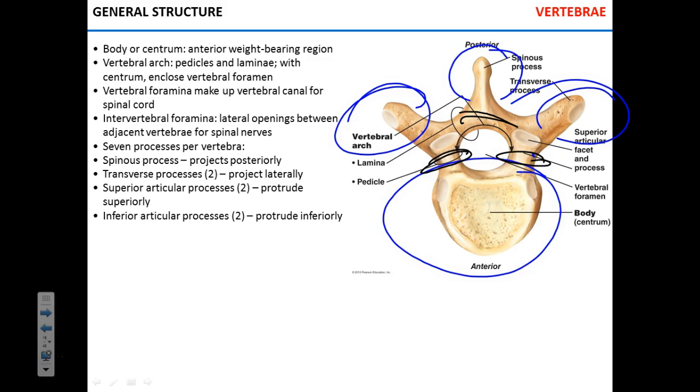You understand? Now, if you would look from this vantage point on the vertebral column, especially the thoracic region, can you see these tiny little protrusions?